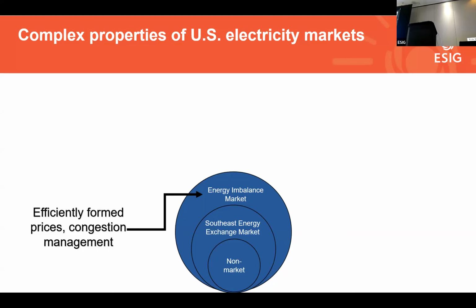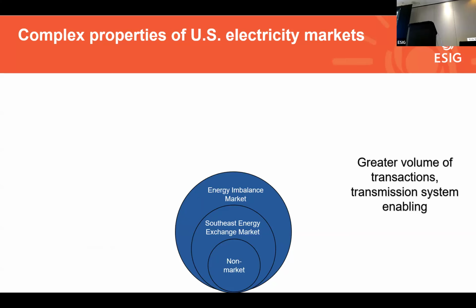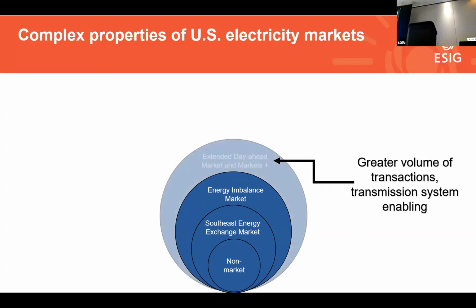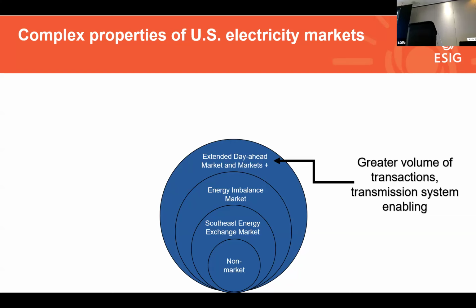Most of those transactions in those regions are happening prior to these real-time markets settling or clearing. So if we went another layer up, a greater volume of those transactions, we might have the extended day-ahead market in the West, or Markets Plus, which is SPP's day-ahead market proposal.